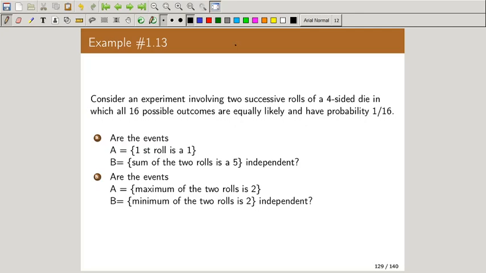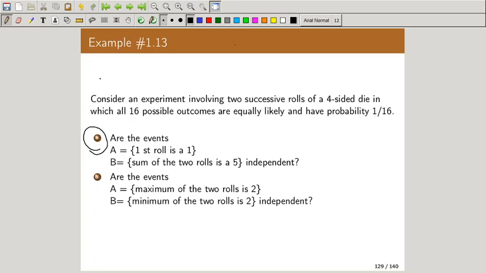Consider an experiment involving two successive rolls of a four-sided die in which all 16 possible outcomes are equally likely and have a probability of 1 by 16. That is quite obvious. Event A equals the first roll is a 1, and event B equals the sum of two rolls is a 5. Are they independent? So in the experiment I have two events.